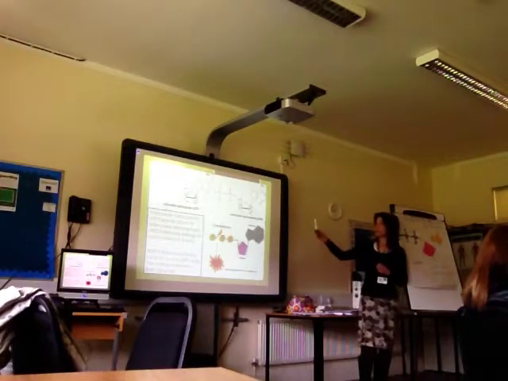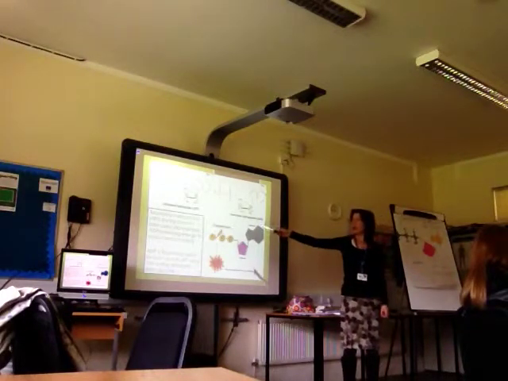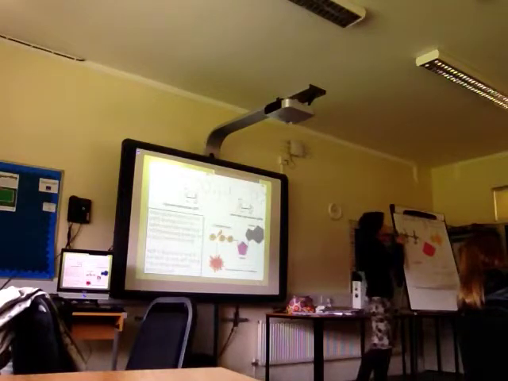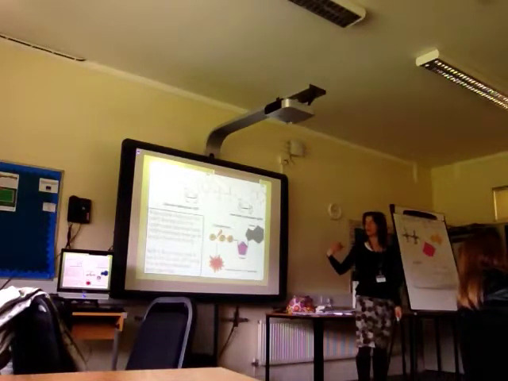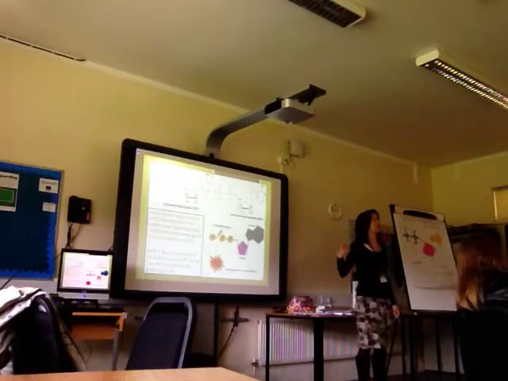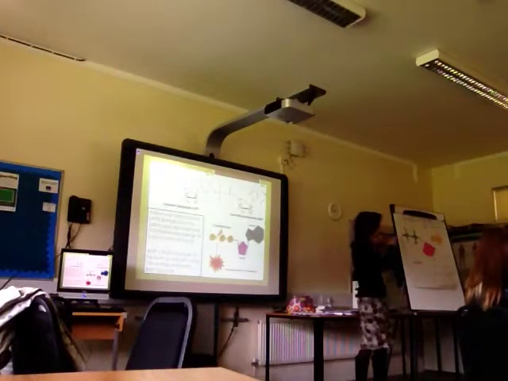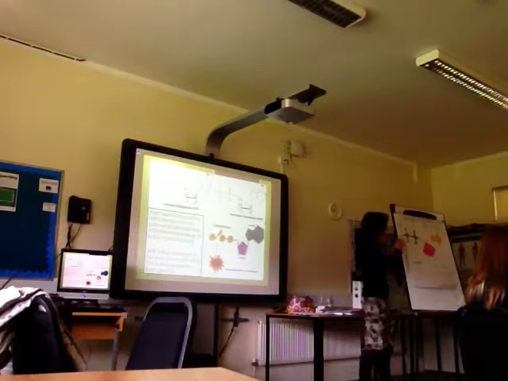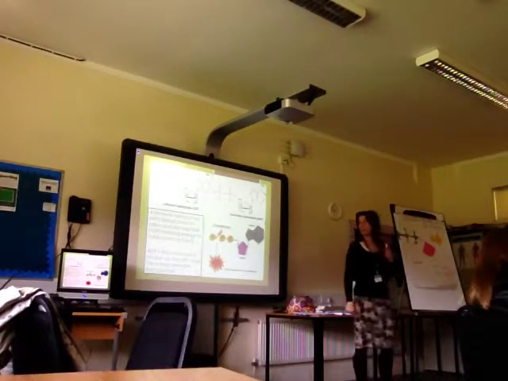So if you look at this slide, what it says is adenosine triphosphate, ATP, breaks down into adenosine diphosphate, releasing energy. ADP is then recycled to be built up into ATP again, but it needs glucose to do that.